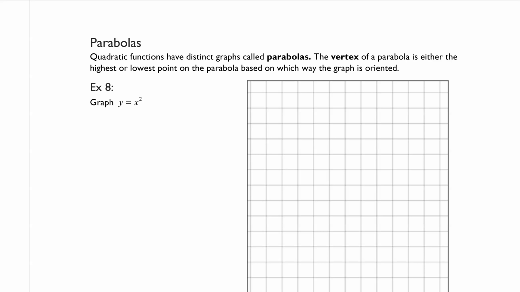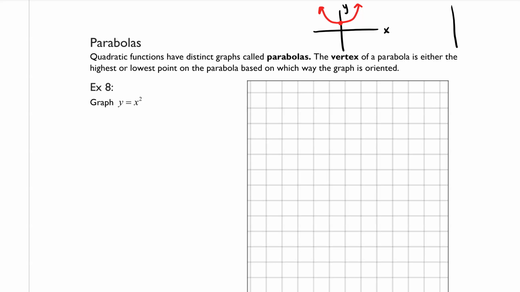Now, I'll quickly sketch for you. Here's the xy plane. Sometimes a parabola might look something like that. So it's oriented upwards, and the vertex would be this point right here, and it would be the lowest point.